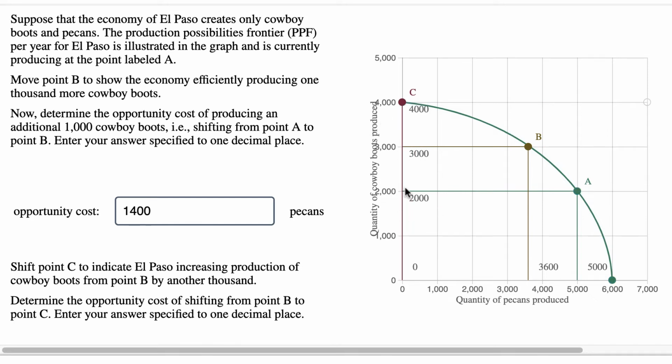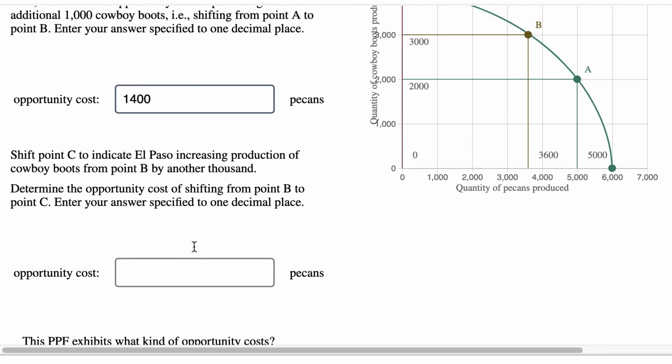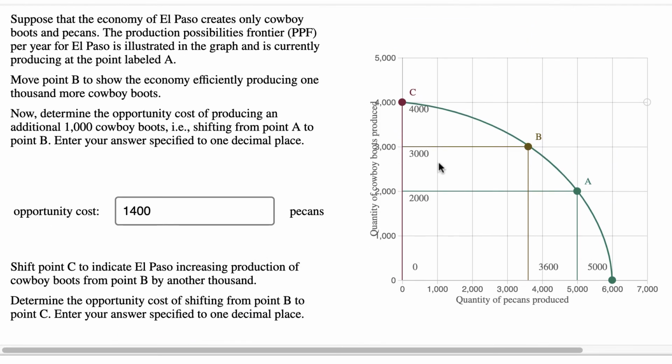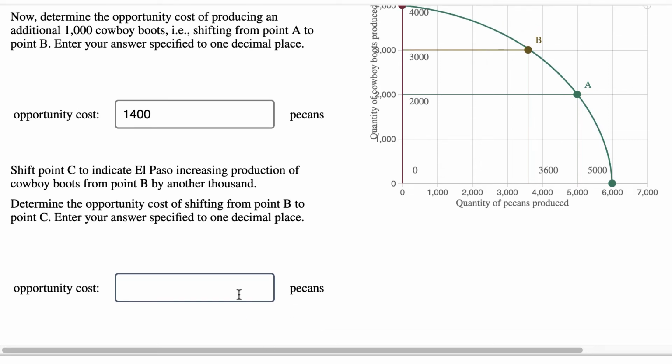Once we produce 1,000 more, from here to here, we have to give up all of these pecans. So the last question is the opportunity cost in pecans. Up 1,000, we went from 3,600 down to 0. So that tosses all the pecans. 3,600 down to 0 is 3,600.